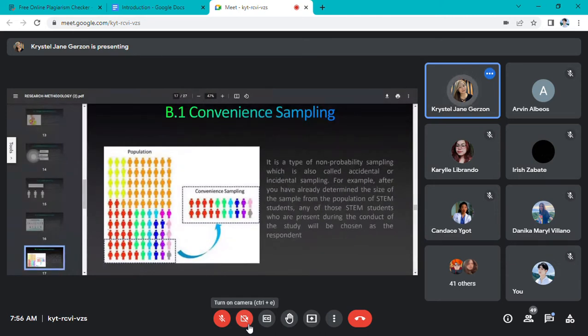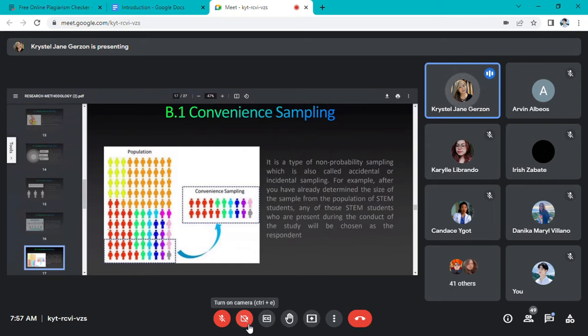Then let's say your study is focusing on STEM students. During the conduct of the study, you will conduct a survey. Most of the time, what students do is print out the survey questionnaire first, and let's say it is face-to-face.